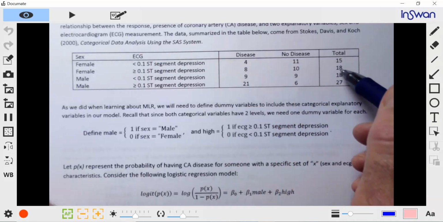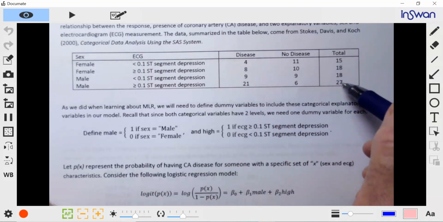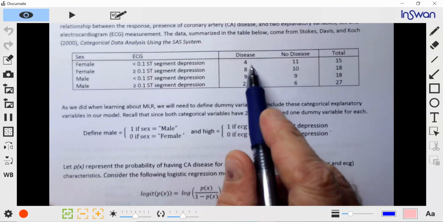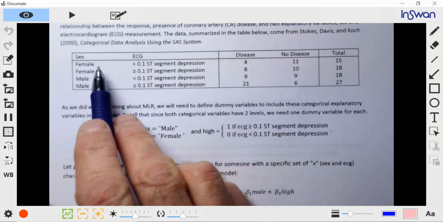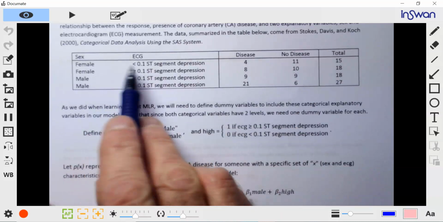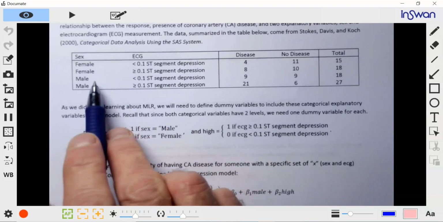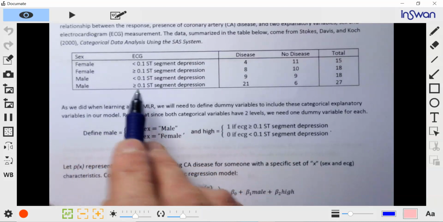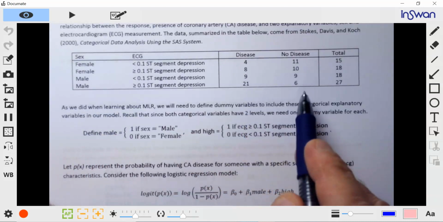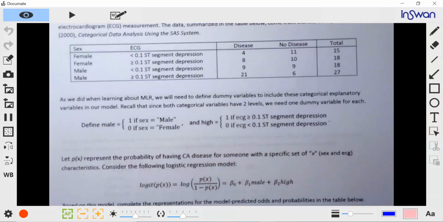We have 33 plus 27 is 60. We have 78 total observations here, divided into disease and no disease. For each of our four possible combinations, we have female with low ECG, female with high ECG, male with low ECG, and male with high ECG, diseased or no disease.